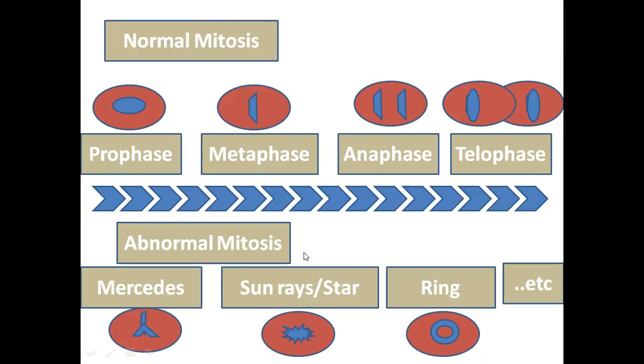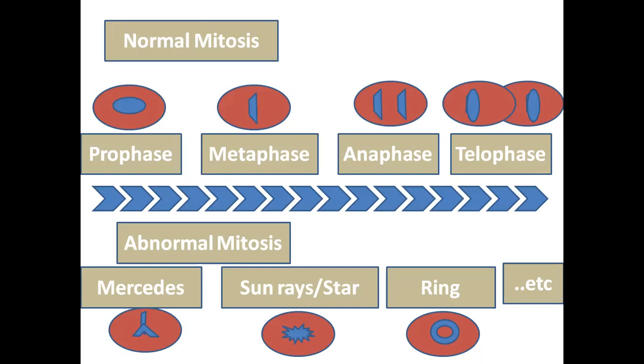Okay? Moreover, in malignant tumors, because they don't obey the laws of proliferation, we can see phases of abnormal mitosis that cannot be seen under normal conditions.